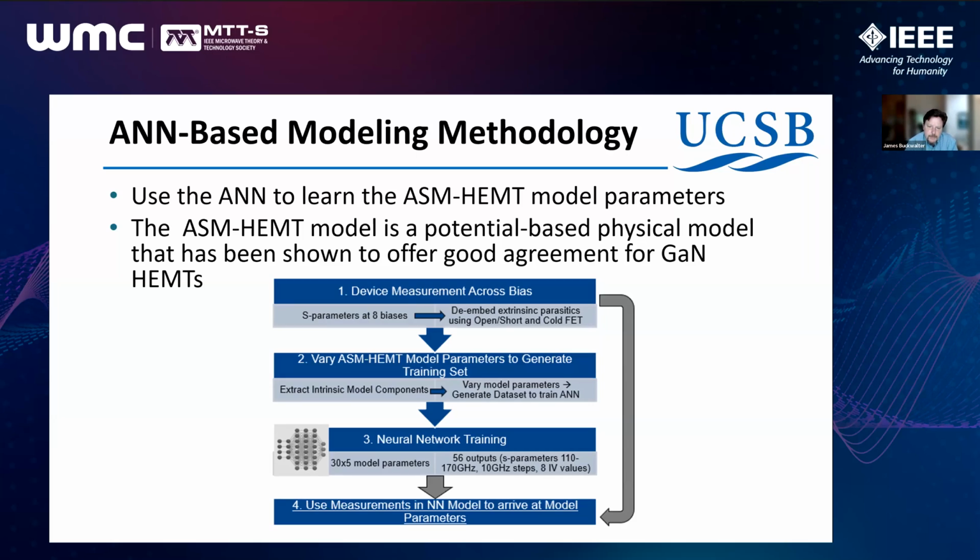We looked at different types of neural networks in terms of the depth of the neural network, the number of hidden nodes, the type of activation function, and then trained this using measurements from 8 different IVs and 7 different frequency steps. So we had 56 different outputs from the neural network to come up with better model parameters.